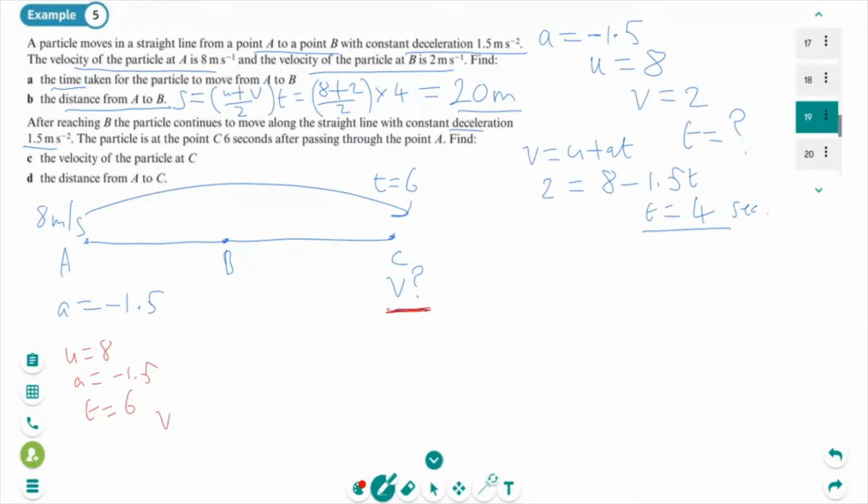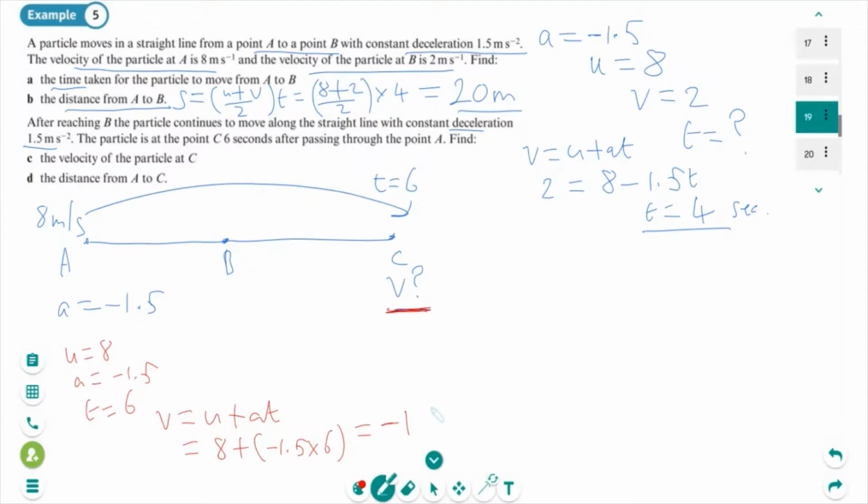V equals U plus AT. So you would do 8 plus minus 1.5 multiplied by 6. That will give you 8 take away 9, which is minus 1. So the velocity at C is minus 1 meters per second.